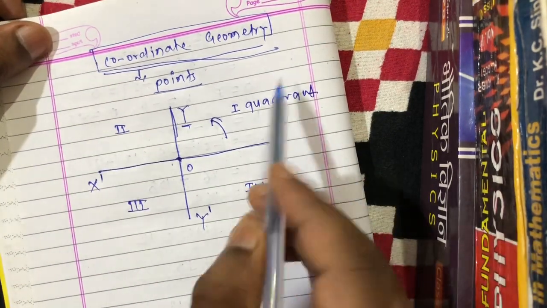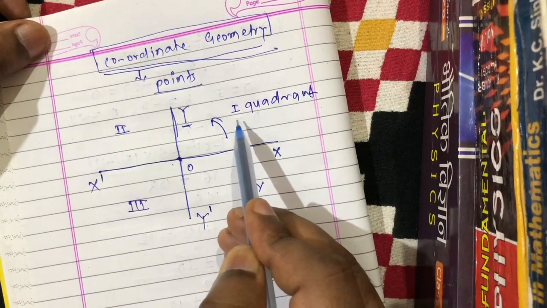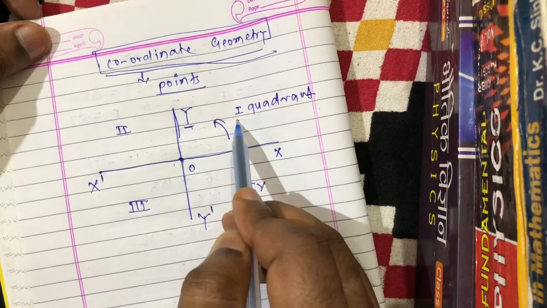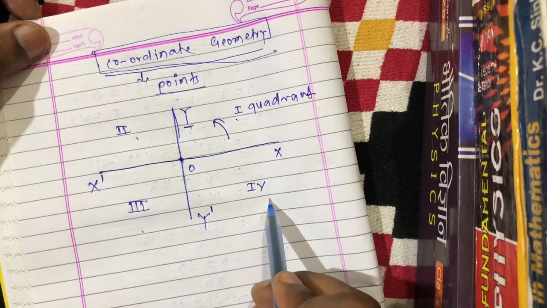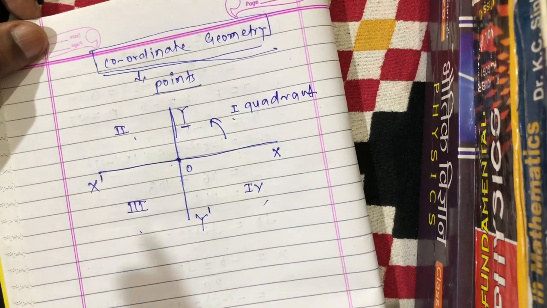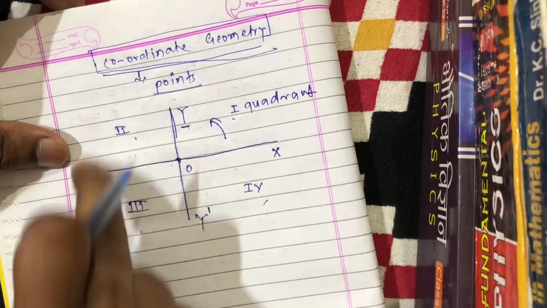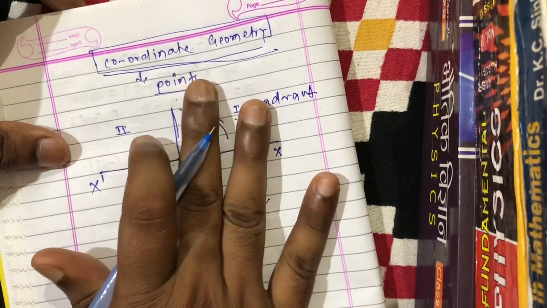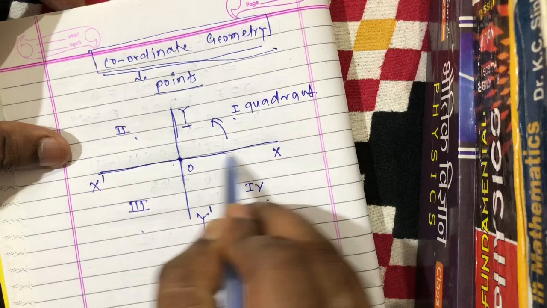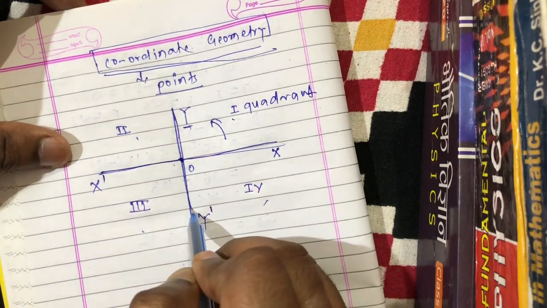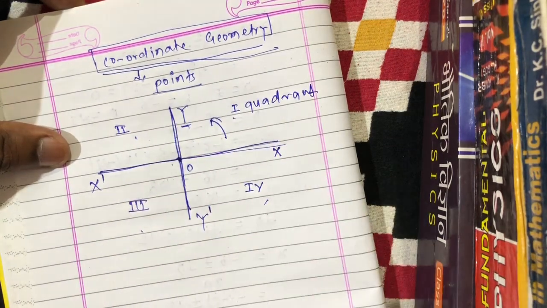Now we are familiar that the coordinate axes divide a plane into four parts. These parts are called quadrants: first, second, third, and fourth quadrant. Now, when we represent a point in a plane, we take two fixed perpendicular lines, and we represent the point with reference to them.